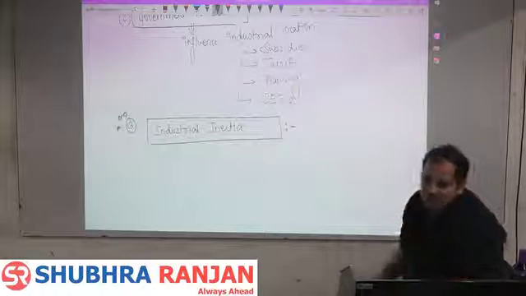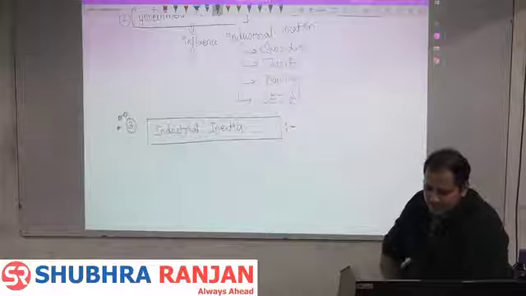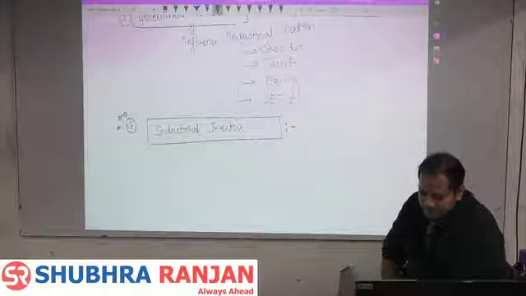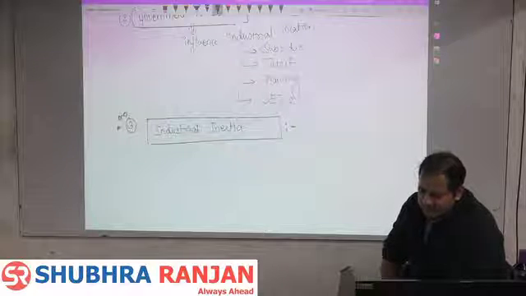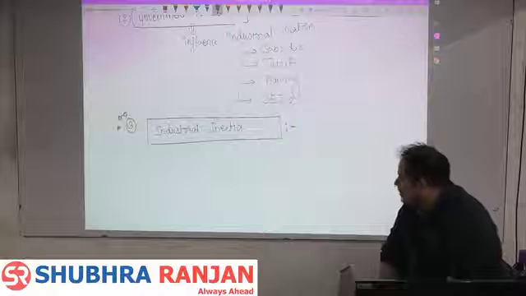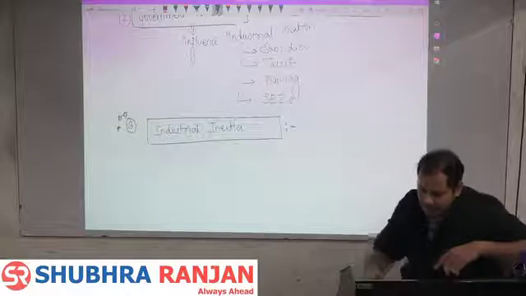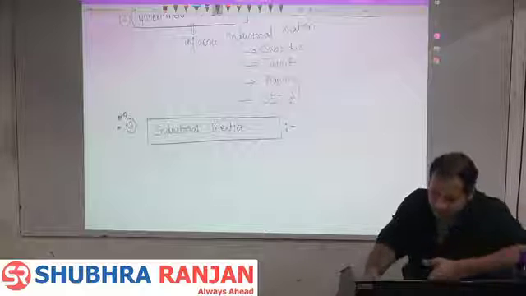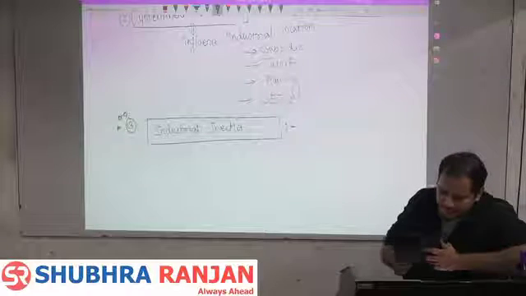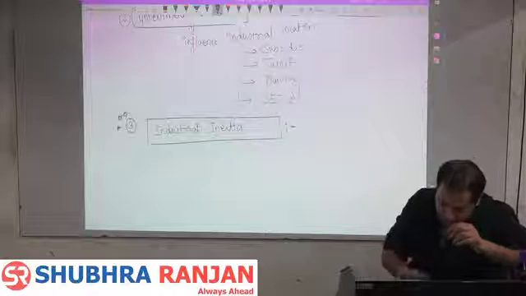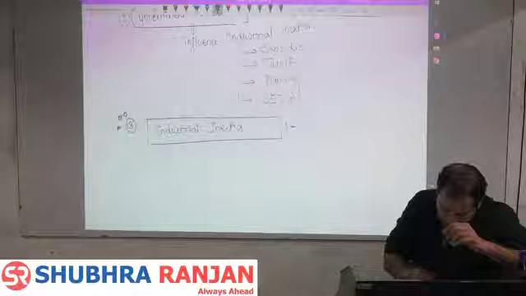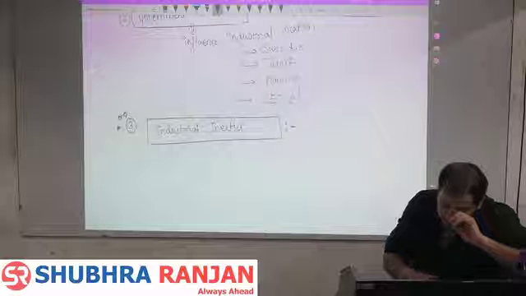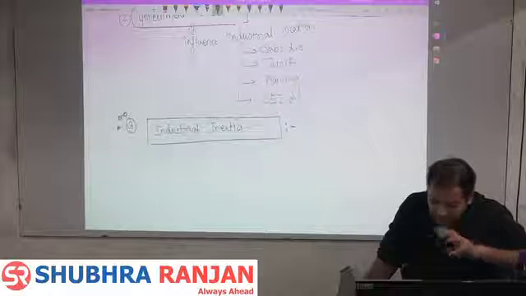Right? So industrial inertia says that industries tend to develop at the places of their original establishment, though the original cause may have disappeared.